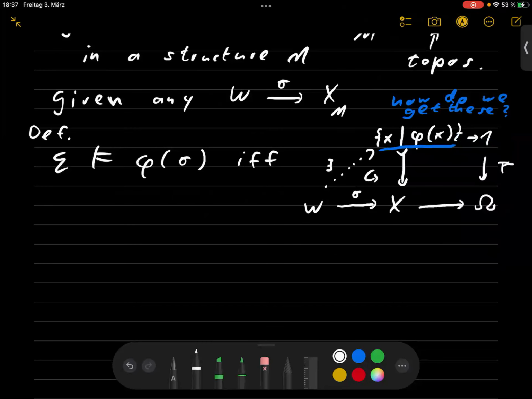So to answer this question, this will be done inductively, by the structure of formulas.